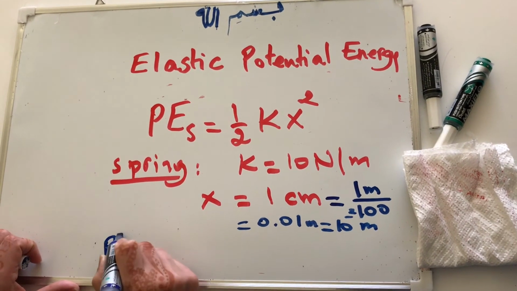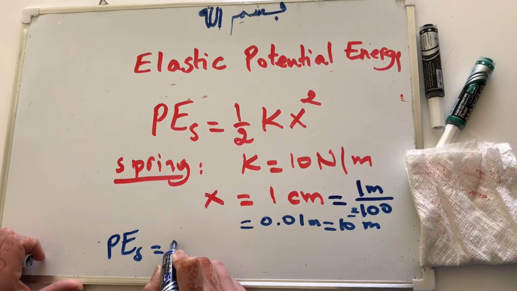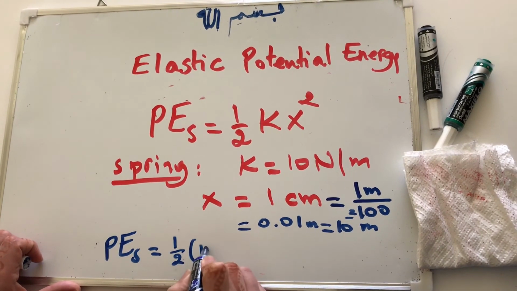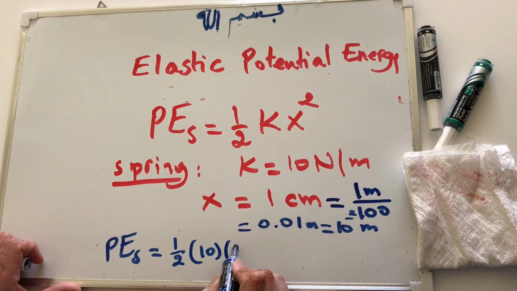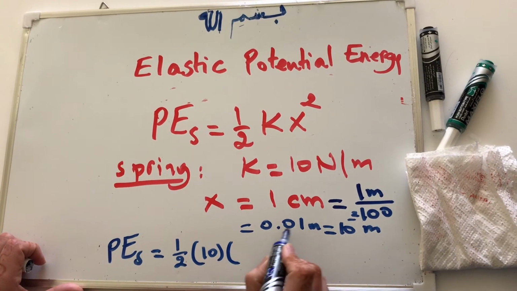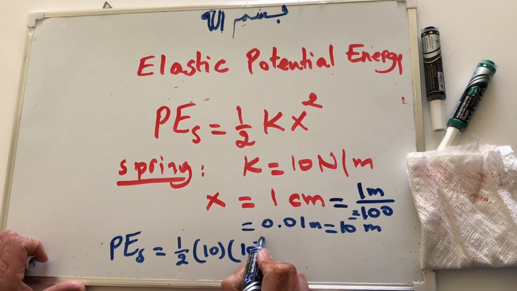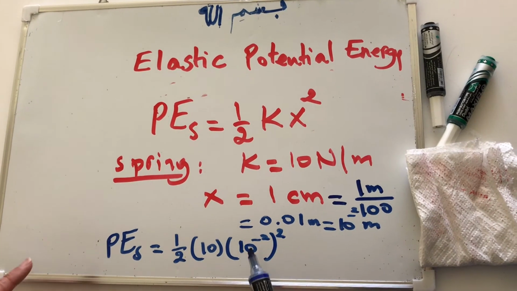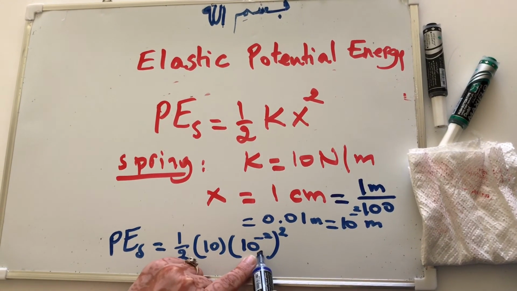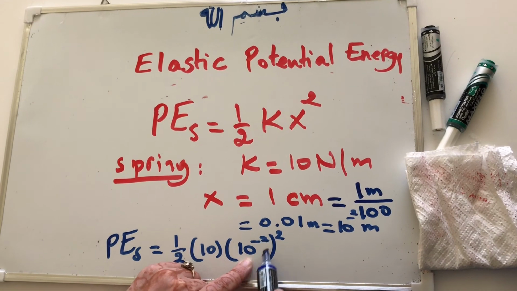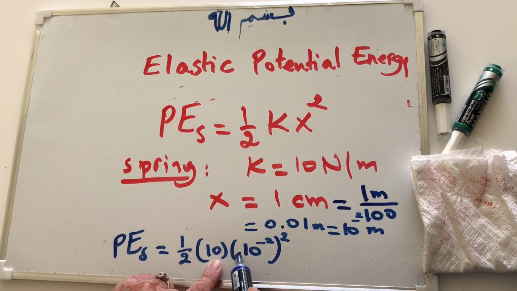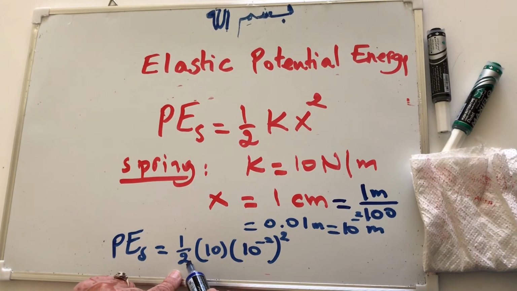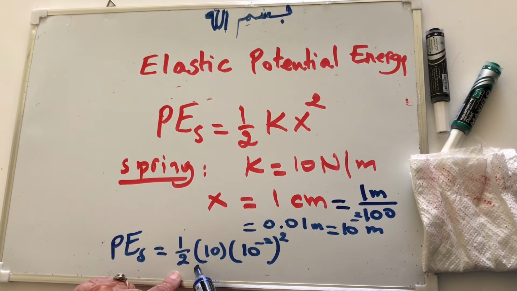So the potential energy stored in that spring is going to be half, the K is 10, and the x is 0.01, or I prefer to write it 10 to the power minus 2, squared. Guys, what do you do in your calculators? You take the x, you square it, then you multiply by 10, then you divide the whole thing by 2, or you multiply it by 0.5.